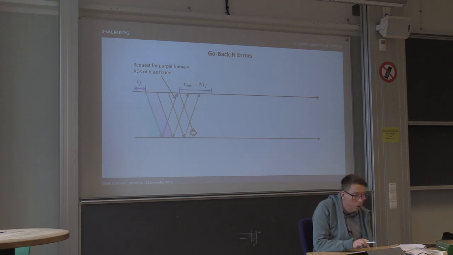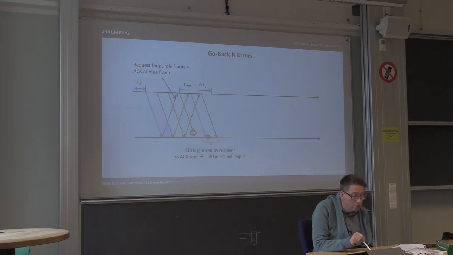So this we know. But the transmitter doesn't know at this point in time that this frame was lost. Actually, it will not learn that until this point in time. So it happily keeps on transmitting frames here as if nothing bad has happened.